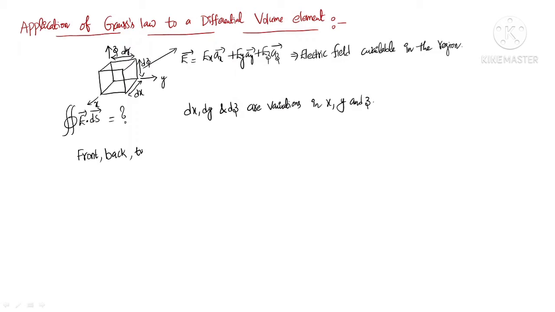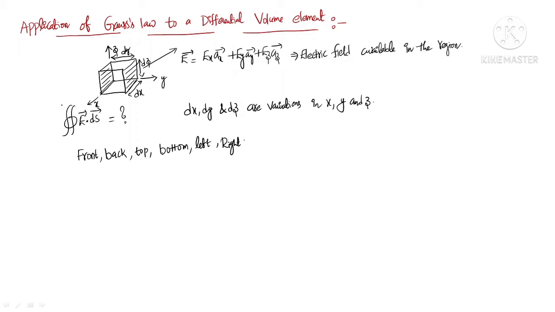Next, the top surface and bottom surface, and this is the left surface I am assuming, and the right surface. The left surface is this one, and the right surface is this one.